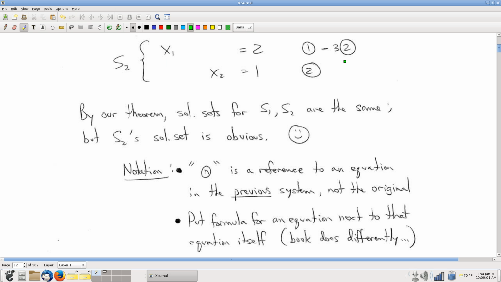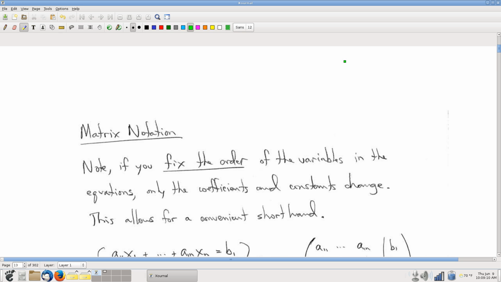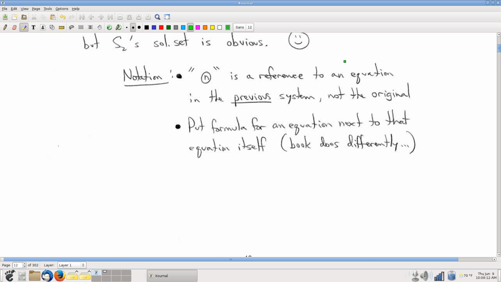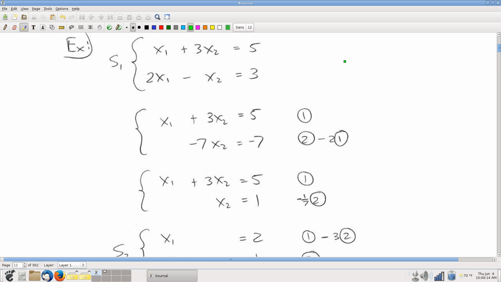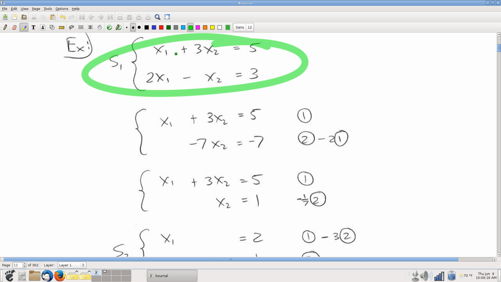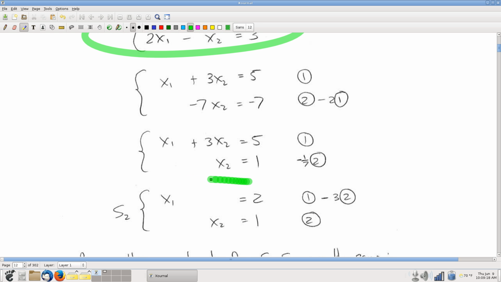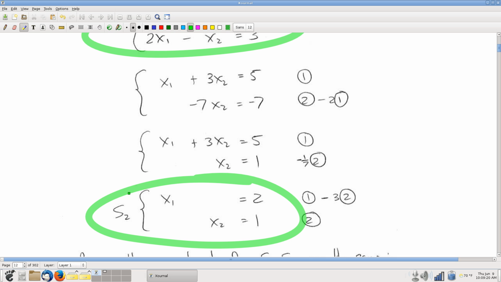It's not really, I suppose, critically important, but I think mine is more natural. Okay. All right, so now one last little quick thing. We've got this process by which we can turn a system into another system, which in this case at least, and hopefully also in future cases, is easy to solve.